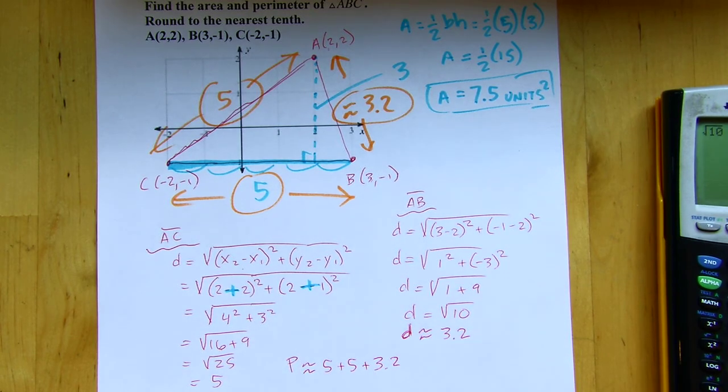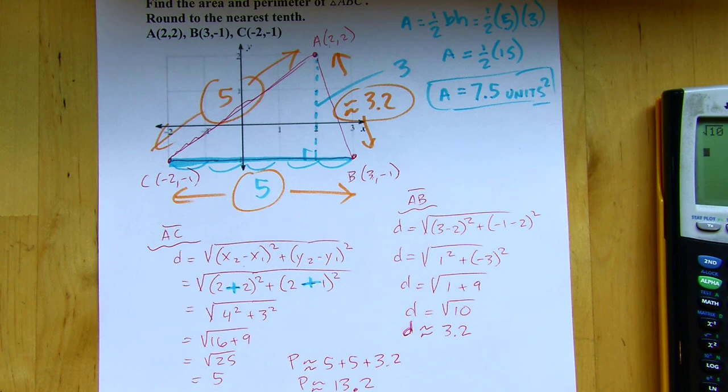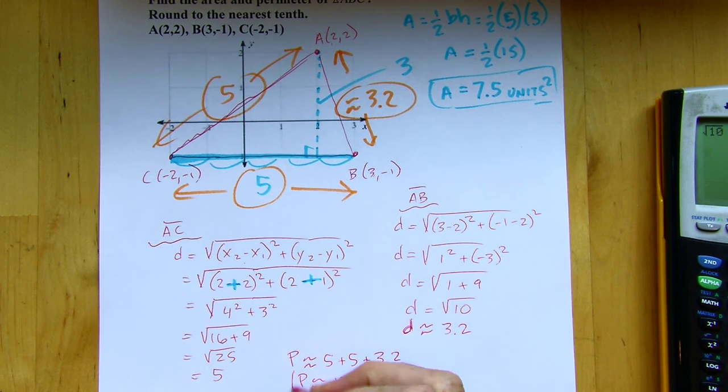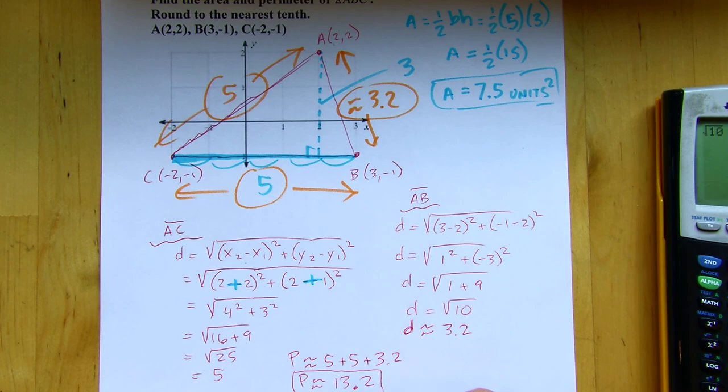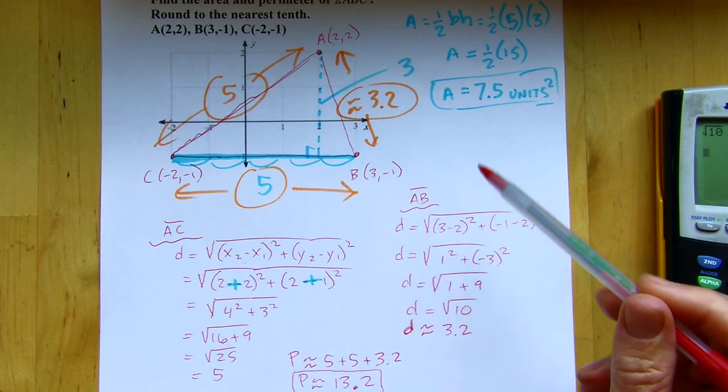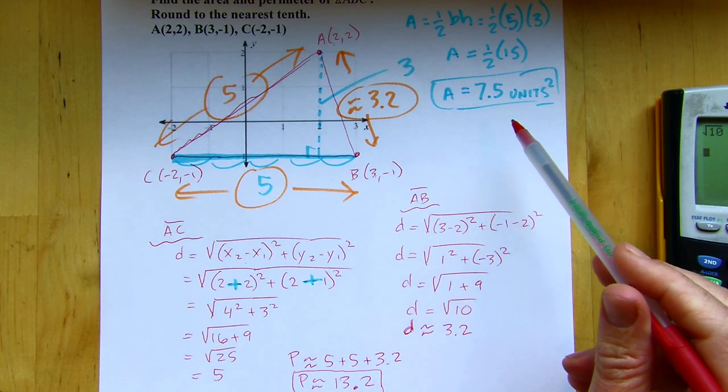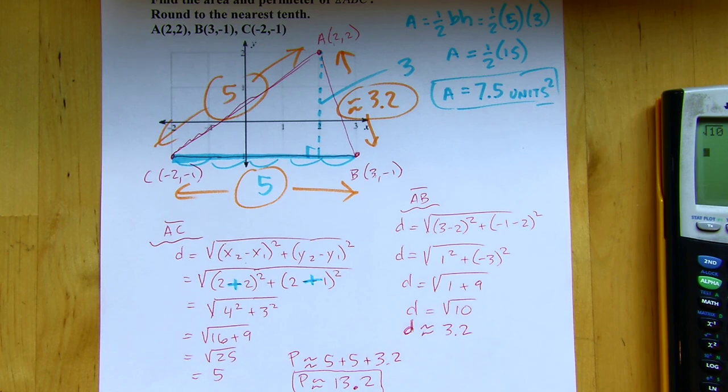And I said about because the 3.2 is not exact, so that's going to give me about 13.2. Okay, and you can write out units if you want to, but you don't really have to for perimeter. If you knew it was meters or centimeters or whatever, you definitely want to put that in. But it is really important to have it for the area just to show that the units are squared. Okay, and that's the end of the section.